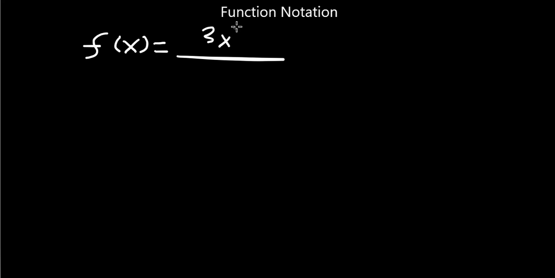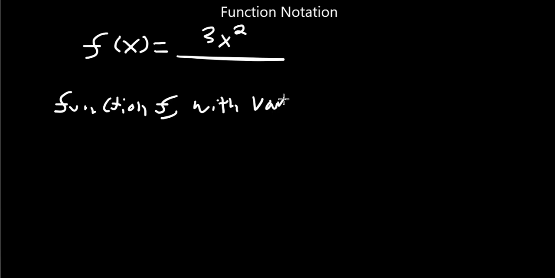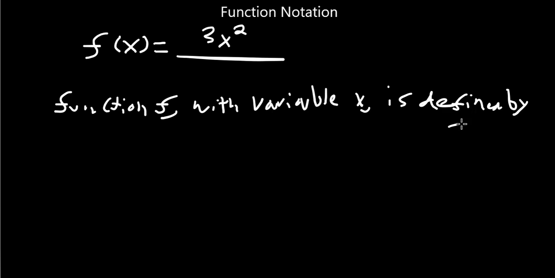Function notation is a nice way to write equations which does not rely on having y equals something. So in function notation, we're going to write f of x is equal to something. For example, I could write 3x squared. This says the function f with the variable x is defined by the rule 3x squared.